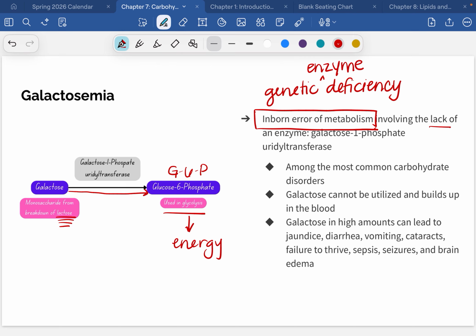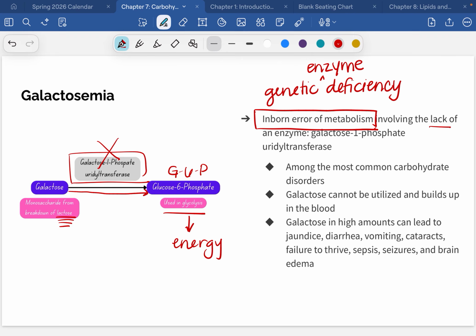Energy is created by using this glucose 6-phosphate to go through glycolysis, the Krebs cycle, and oxidative phosphorylation. In galactosemia, patients do not have the enzyme that converts galactose into something our body can use to make energy.